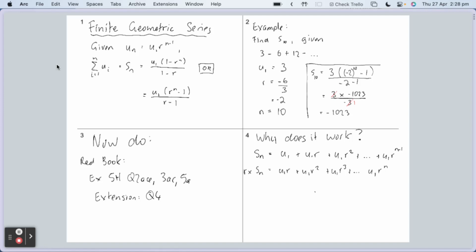Now I'm going to subtract the two terms from each other. So I'm going to go Sn minus RSn, the top row from the bottom row. So what will that give me? Well, in the top row, we've got U1 here, and that's just left here as well. But then I'll have U1R, and U1R here will cancel out, right?